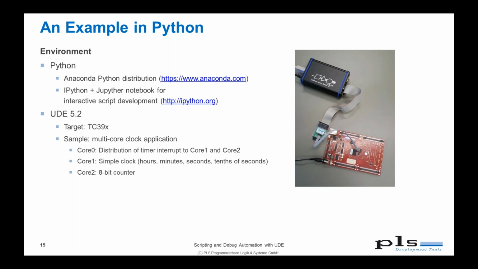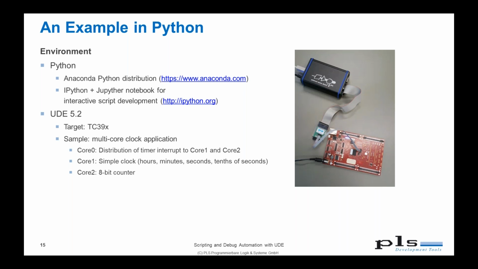We are using internally the Anaconda Python distribution together with a very nice browser application called IPython and Jupyter Notebook, which allows you to interactively develop scripts using Python. So I'd like to show you in a moment how it works. On the UDE side, we have UDE 5.2. This is the newest version that can be downloaded from our website.